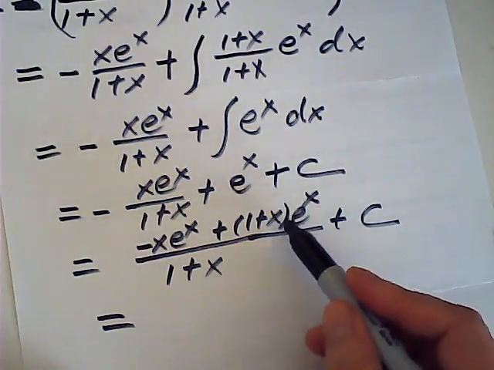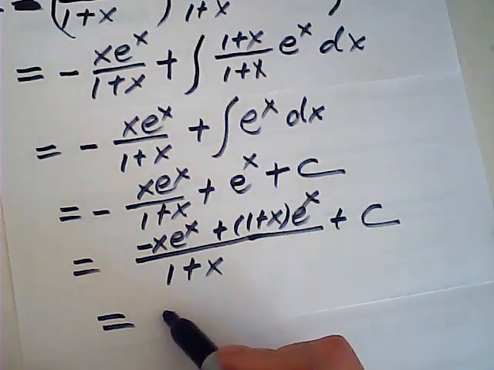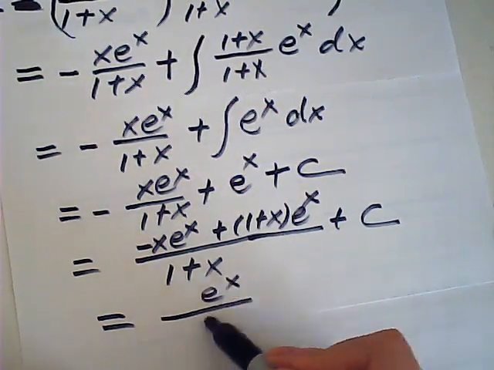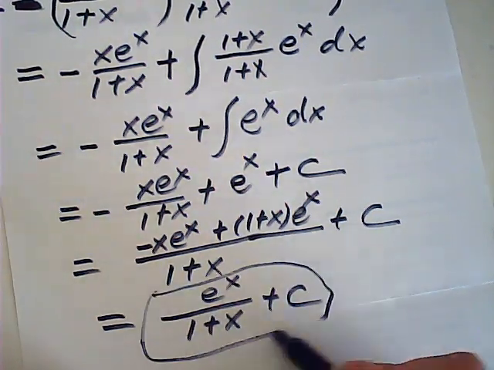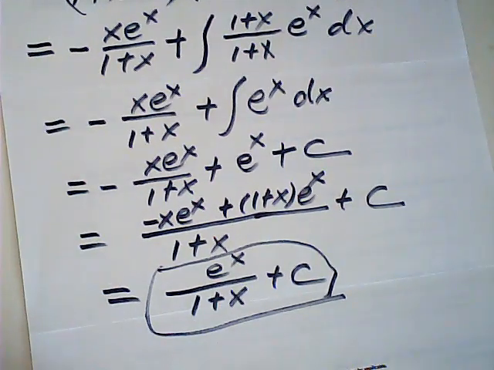Then this time this one cancels that one, and it is equal to e to the x times (1 plus x) plus c. See, that is the same answer as the first method.